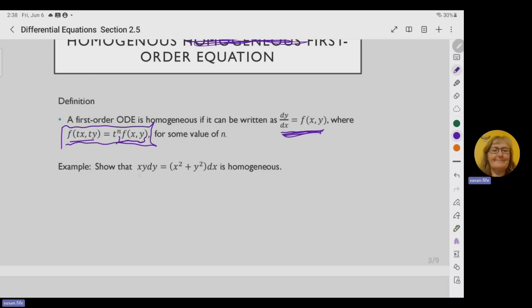So for example, here we've got xy dy equals x squared plus y squared dx. Here I want my derivative by itself.